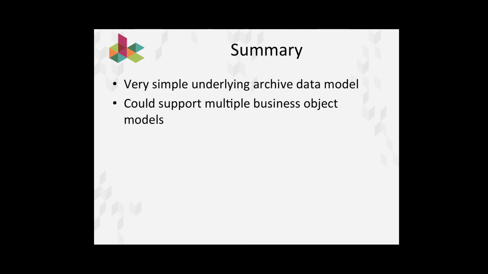So in summary, the Data Conservancy system employs two key data models: an underlying abstract data model used to preserve digital data within the archive itself, and a business object model that captures information about concepts such as people, projects, data collections, data items, and metadata, and translates these into archivable data objects.